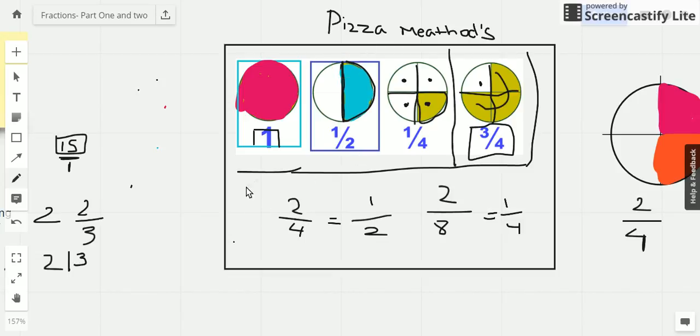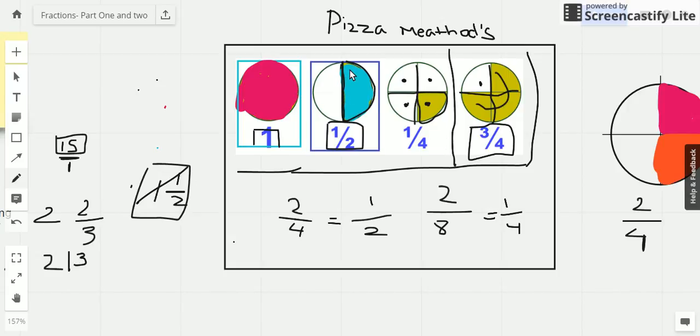One half is written like this. I don't want people getting confused when I say a half, because half means this type of number. So you ate a half pizza, and your friend ate the other side.